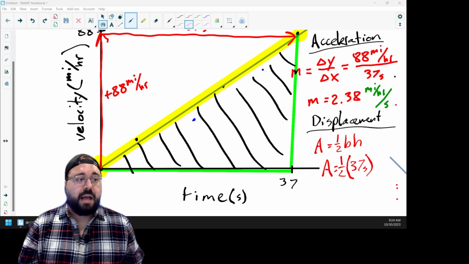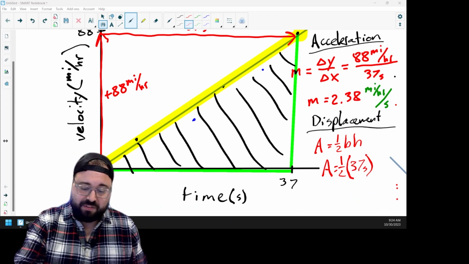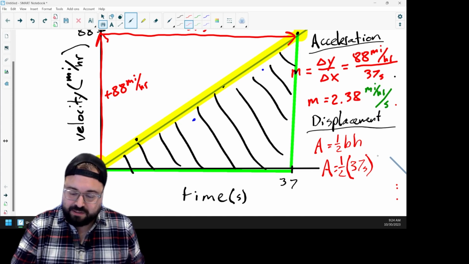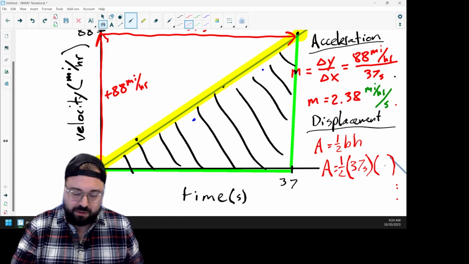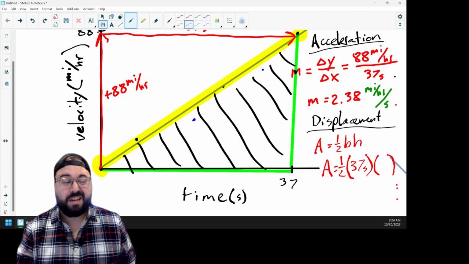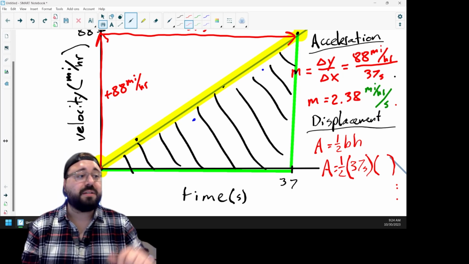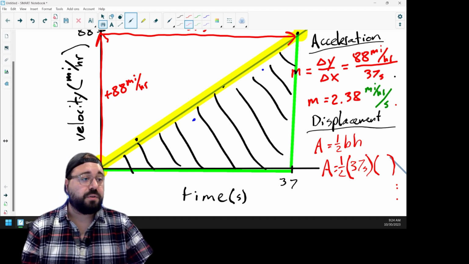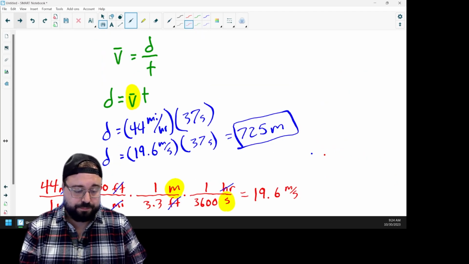And then what is the height of this triangle? Well, this height also has some dimensions to it, which is pretty weird. We have 88 miles per hour, which we need to convert. Oh, this is terrible. Let's convert this to meters per second real quick.